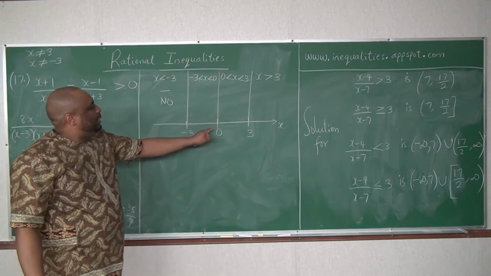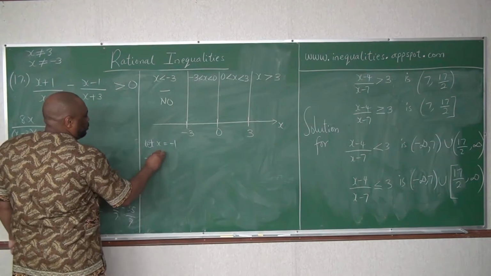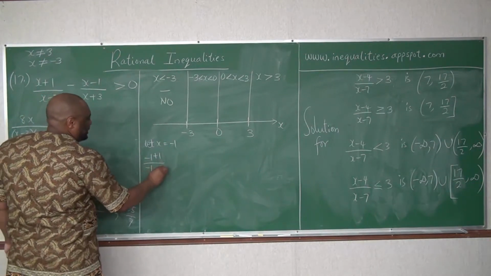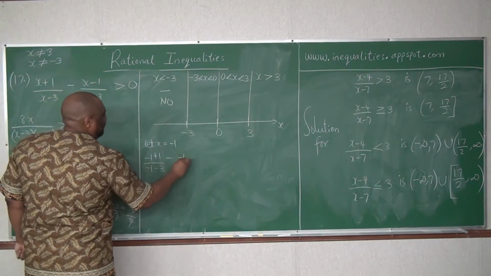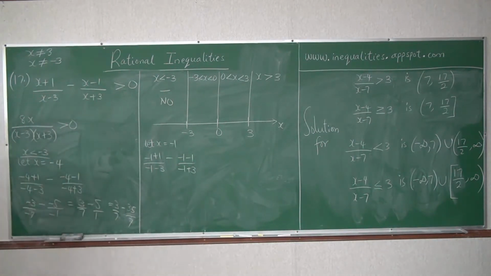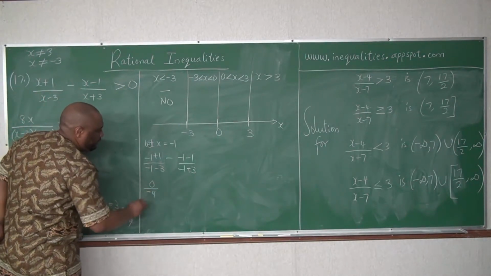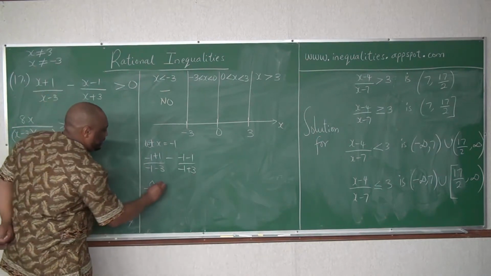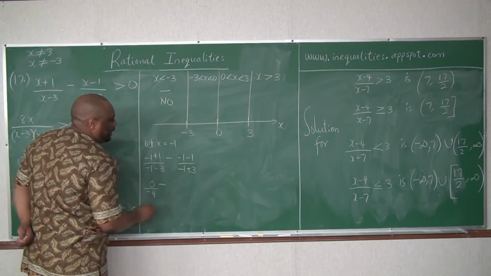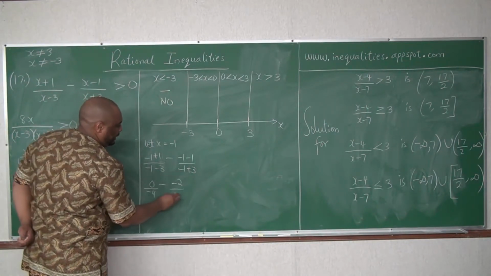Now the next thing we test for this interval, we say let x be, what is the easiest one? Easiest one is -1. So we say -1 plus 1 over -1 minus 3 minus -1 minus 1 over -1 plus 3. So this gives us what? -1 plus 1 is 0. 0 over -4, minus -1 minus 1 is -2 over -1 plus 3 is 2.